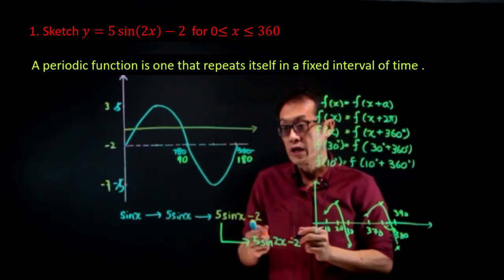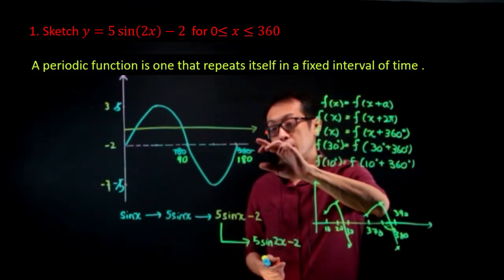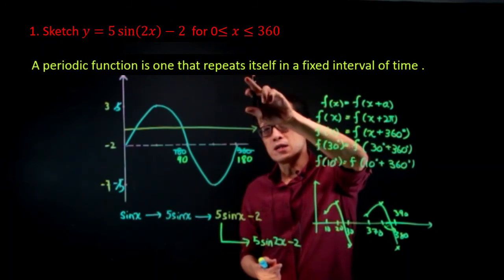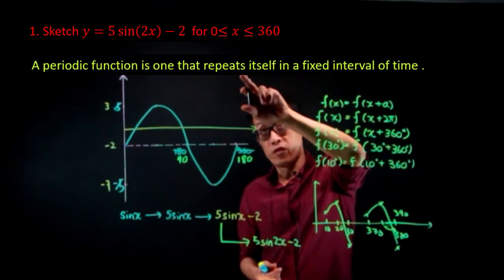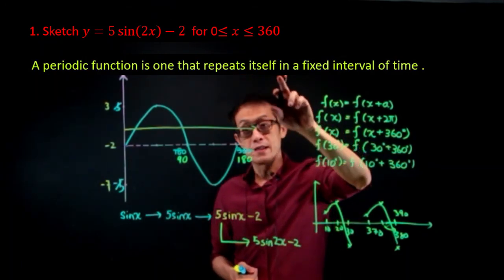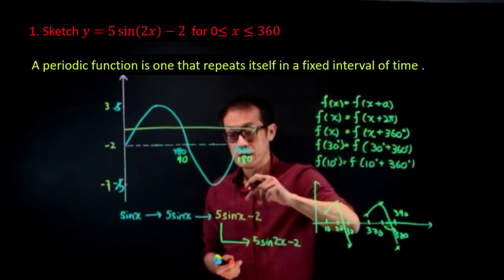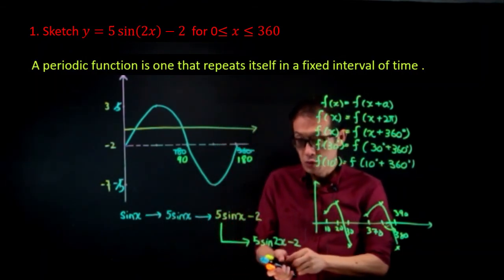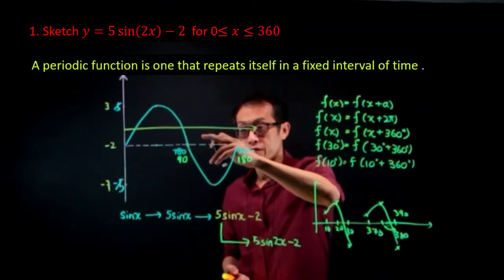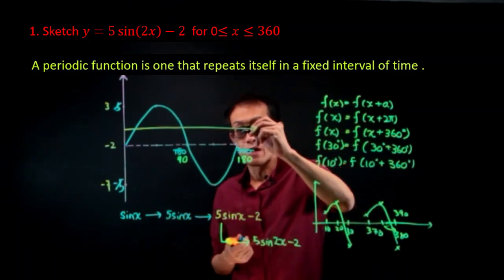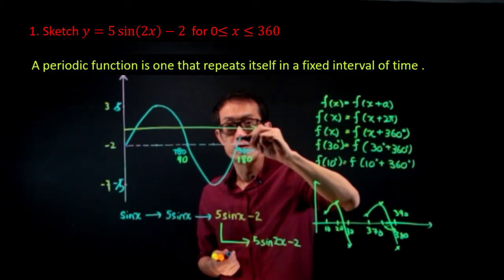Now, you are asked to draw for x equals 360. This is only 180. So what you do is you repeat this graph. You draw another cycle.